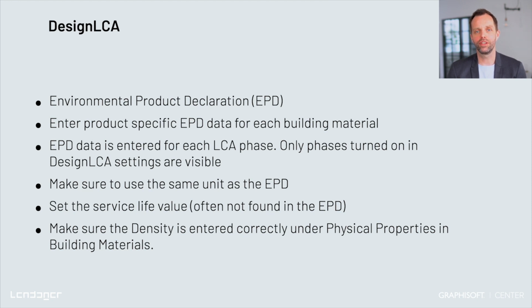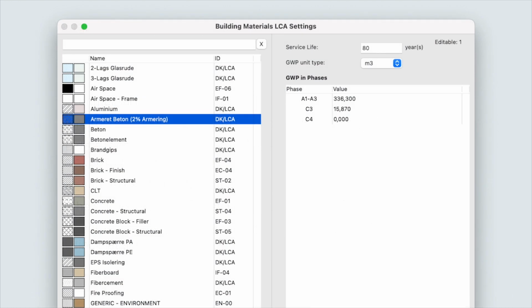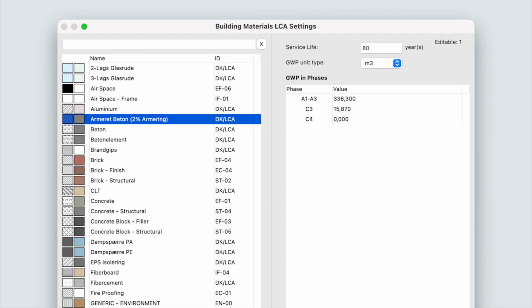So a lot of product manufacturers make an EPD for each of their products or each material they have, where they describe how much CO2 is in each LCA phase. And all you have to do is go to the Design LCA building material settings, find the different materials in the building material list, and then enter the data from the EPD.